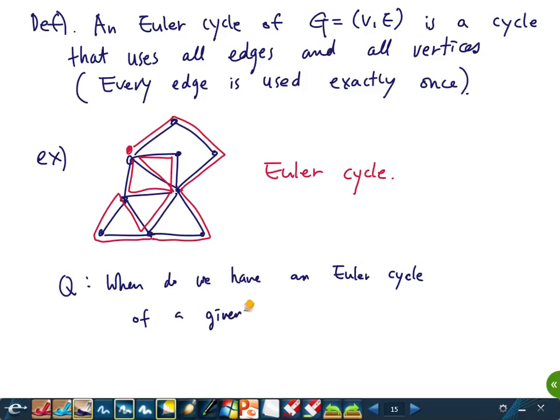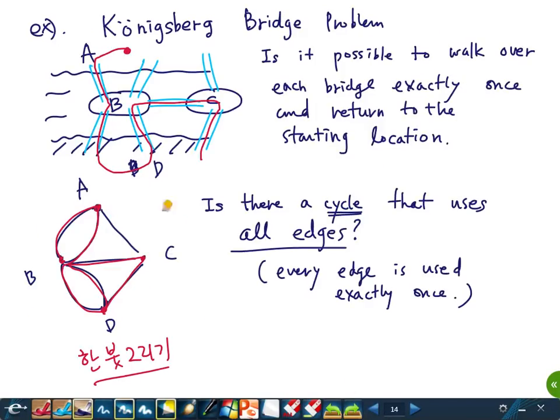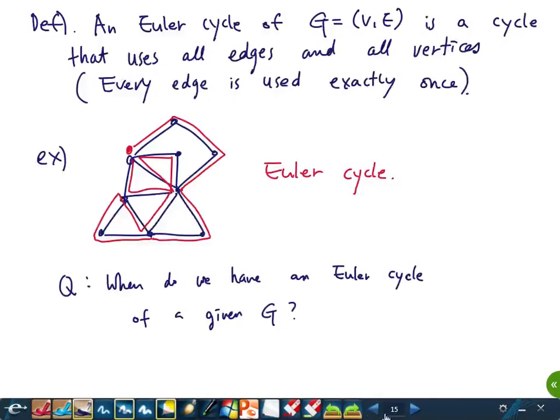When we have a given graph G, when do we have an Euler cycle? That's the question, because we want to answer this question. Is there an Euler cycle? And if we have a nice criterion, then we can say that yes, there is, or no, there is not. Before stating that criterion, we need to introduce a definition.